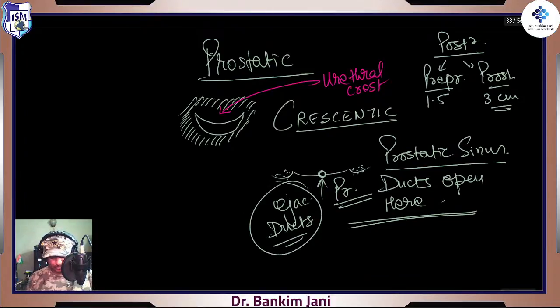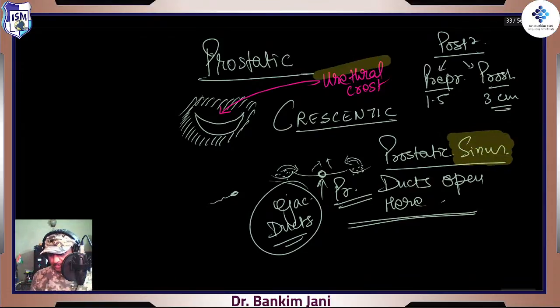Those sperms are carried by the ejaculatory ducts, and the nutrition is provided by the prostate, right? From here the nutrition is provided, and from here the visitors would be coming. Fine. So just the words: the prostatic sinus, the urethral crest, and the opening of the ejaculatory duct, which is called the prostatic utricle.